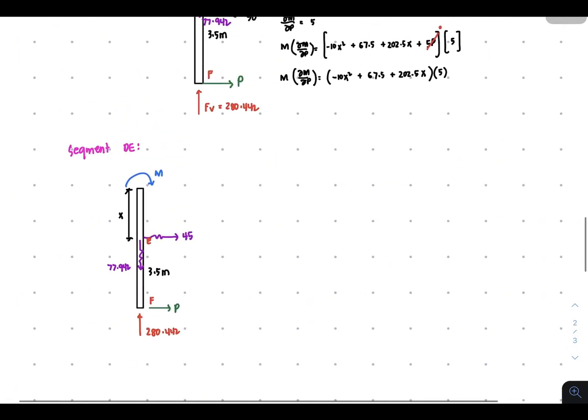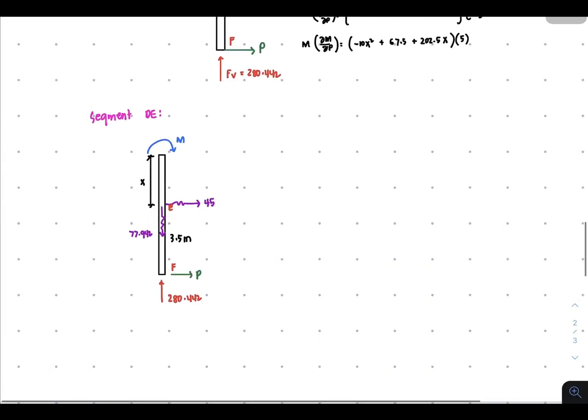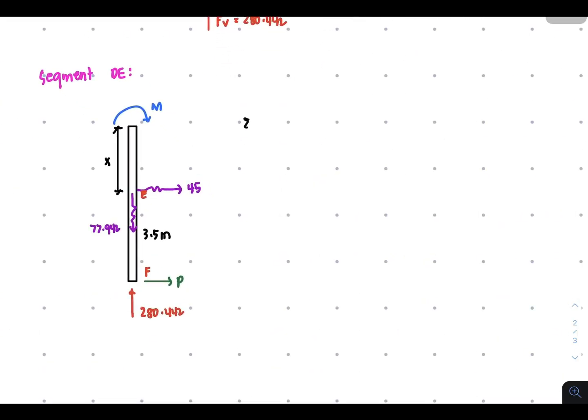So in this case, we are now ready to get the moment equation. That would be summation of moment at the point of cutting here, and that's equal to 0, clockwise positive, counterclockwise negative. You have M as positive minus 45 times x, and then this will not cause any moment because it will just pass through at the point of cutting.